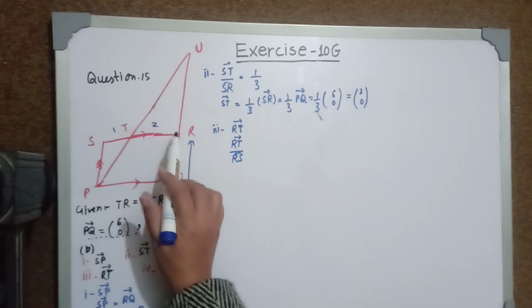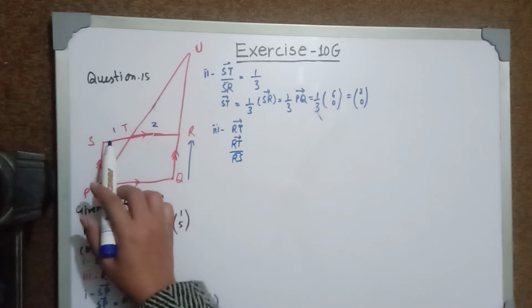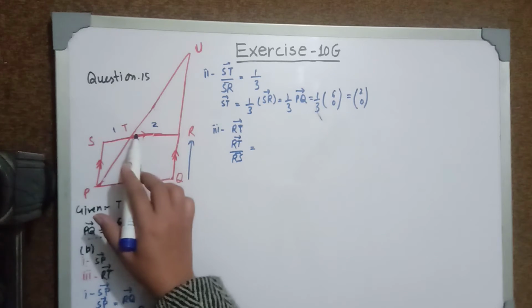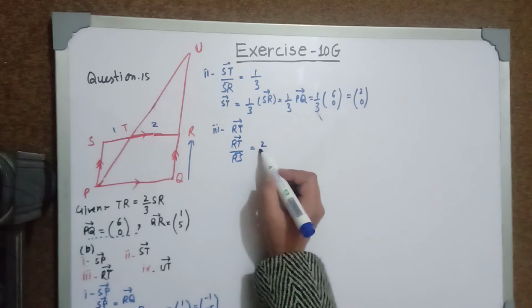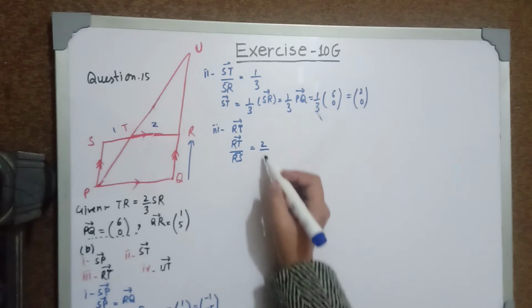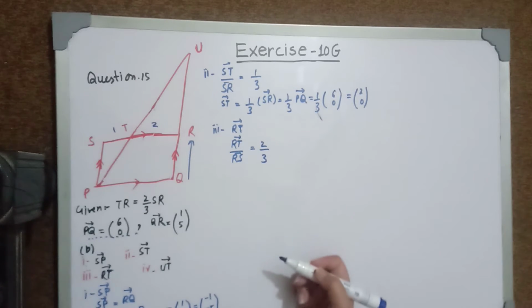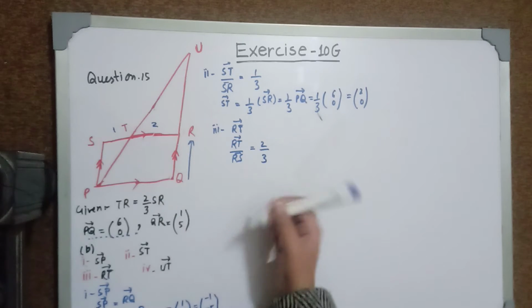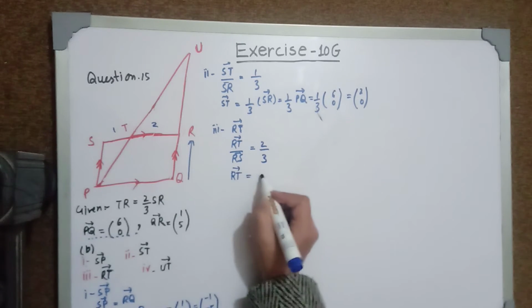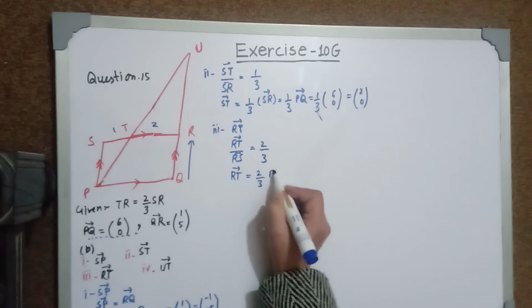That's why I'm taking the ratio RT to RS. We know that RT is 2, of RS, which is 3. Now as we need to find RT, I'll take RS on the other side, and it will be 2/3 of RS.